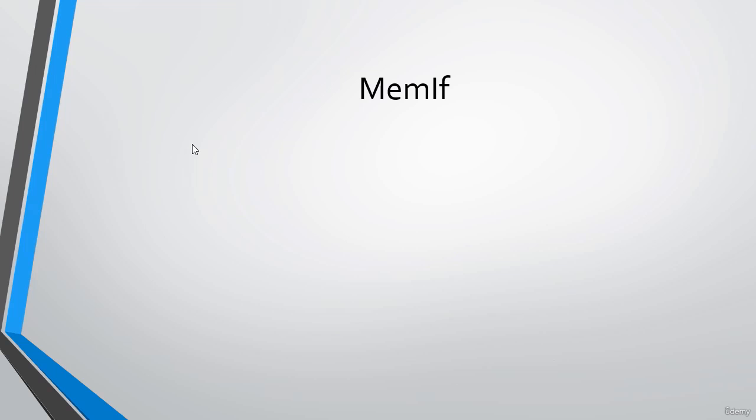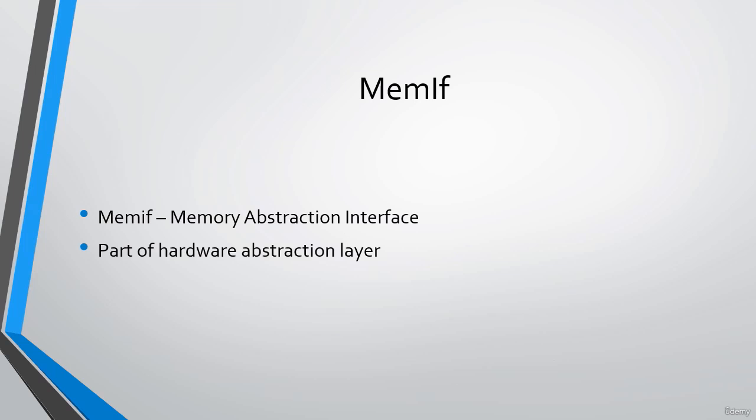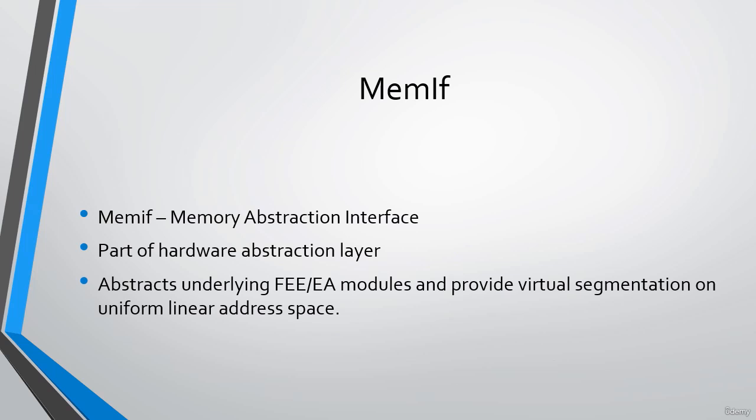Now let's discuss the memory abstraction interface, which is also called MemIf. This is the module that comes just below the NVM in the AutoSAR stack. It is part of the hardware abstraction layer, which we already discussed. The role of MemIf is that it provides abstraction. So basically, there is NVM, then MemIf, then the underlying architecture.